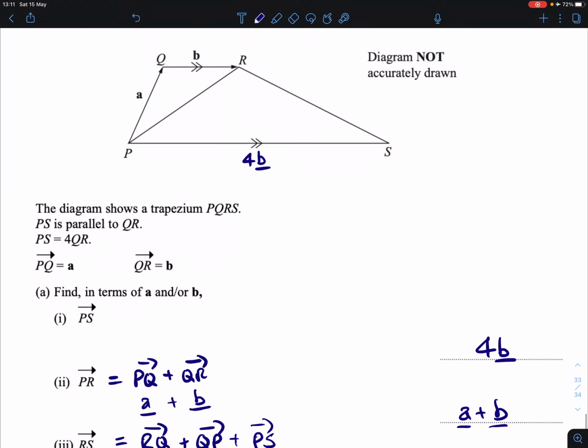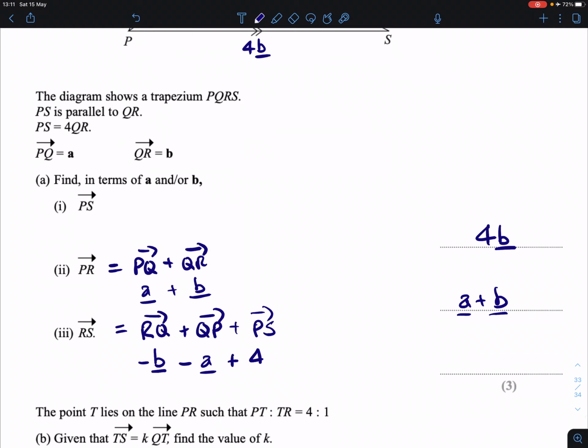And then I'm adding 4B to go from P to S at the end. If I do minus B plus 4B, that will give me 3B. And then we have a minus A for that.